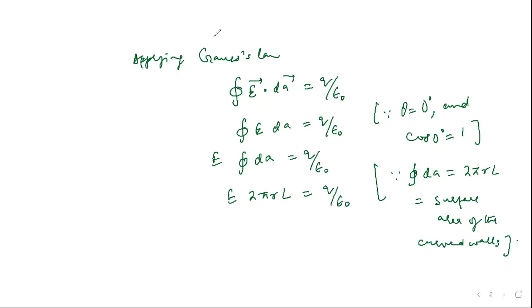So we solved for the electric field. So electric field is Q by 2 pi epsilon naught L r.